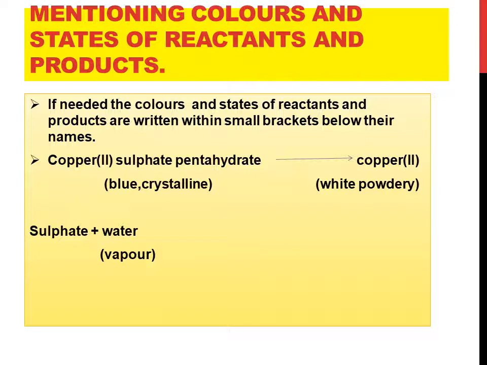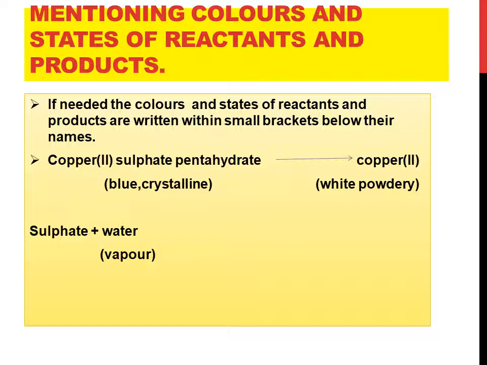Like here in the example, copper sulfate pentahydrate decomposes to give copper sulfate and water. So here copper sulfate, a reactant, is blue in color. So that is the color of the reactant. And what is the state? It is crystalline in nature.